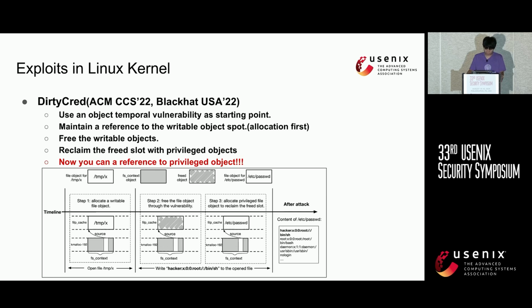In the next step, it maintains a reference to the writable object slot, then frees the writable object, and reclaims the free slot with privileged objects. Now you have a reference to privileged objects. By doing so, you can have the permission to modify critical fields, like the password field, which actually relates to the real-world user permission.